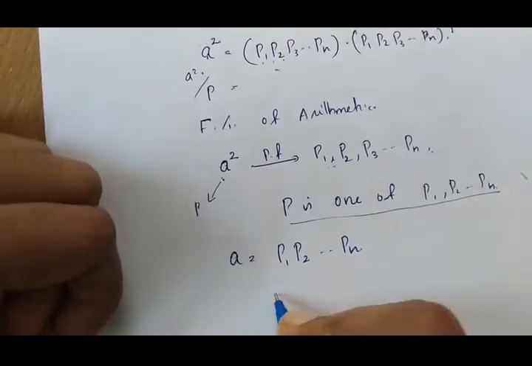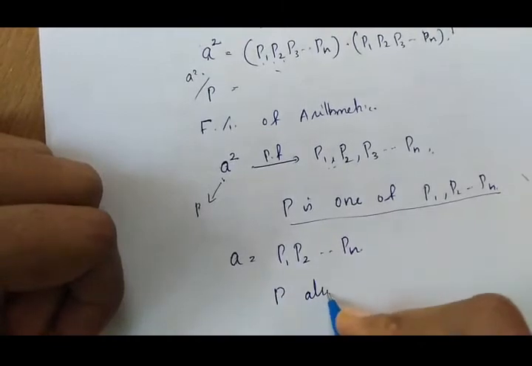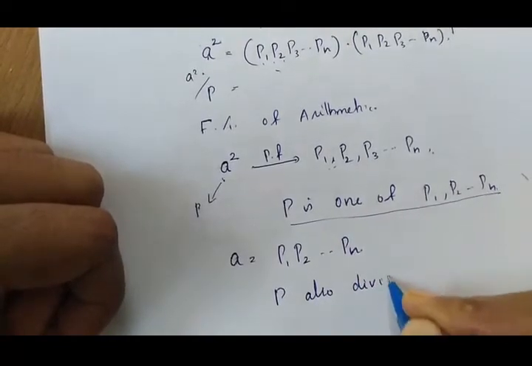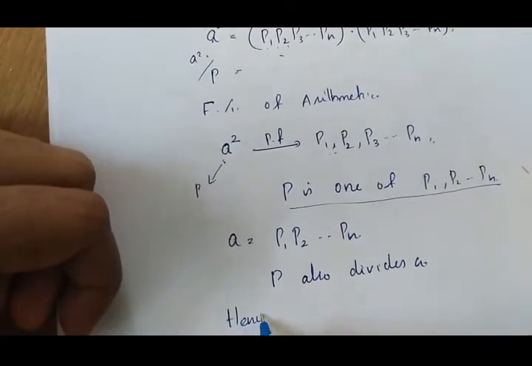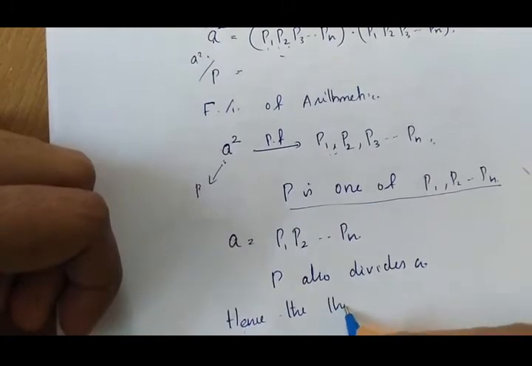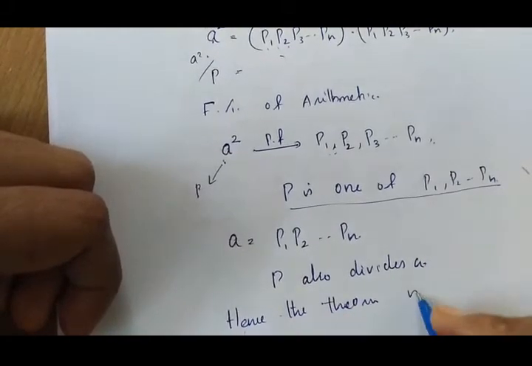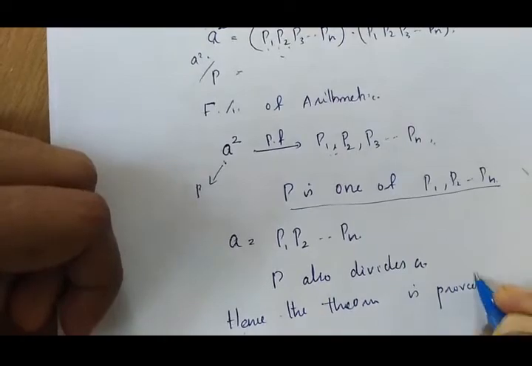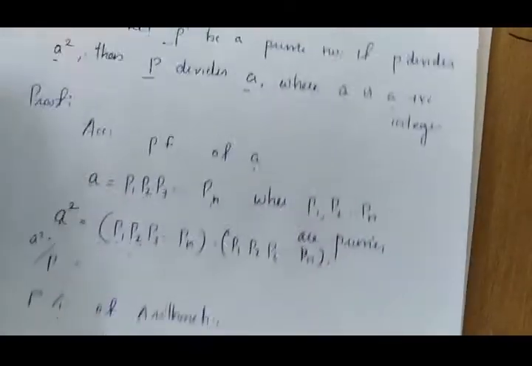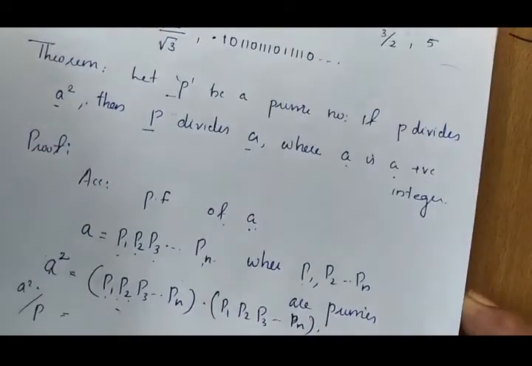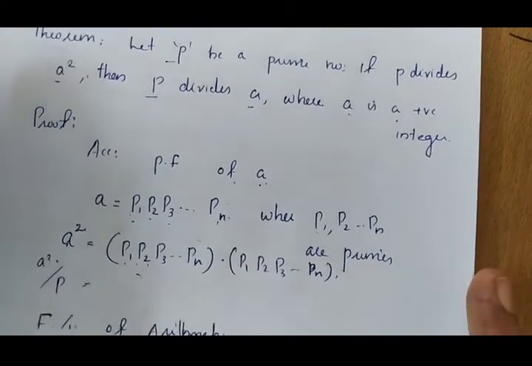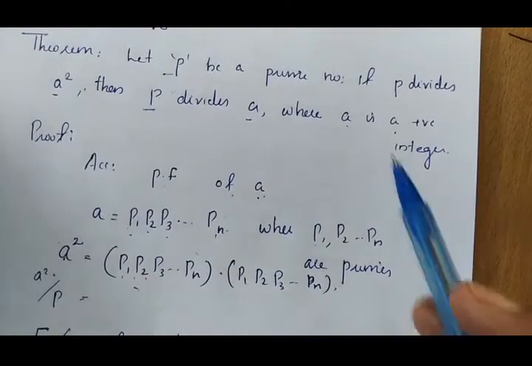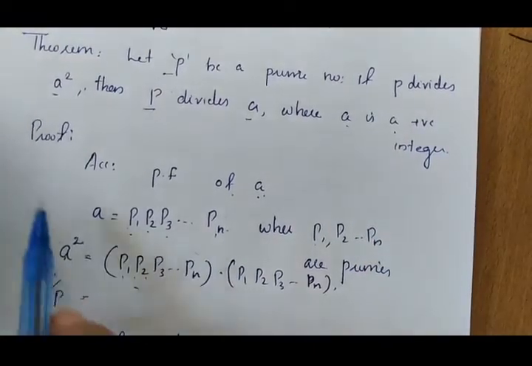So we can say that P also divides A. Hence the theorem is proved. So again, first we state the theorem: let P be a prime number. If P divides A square, then P divides A, where A is a positive integer.